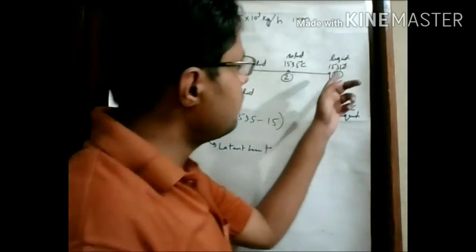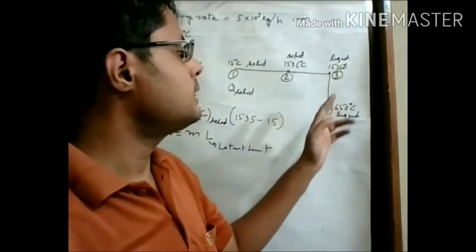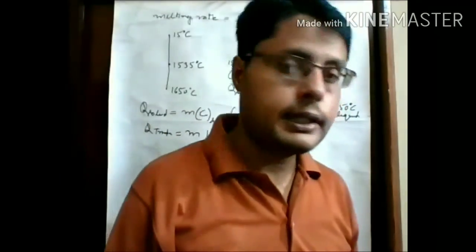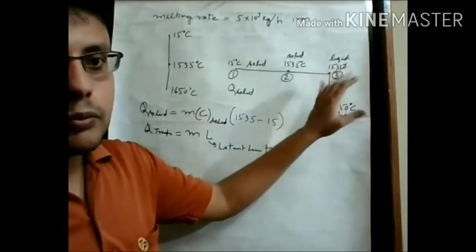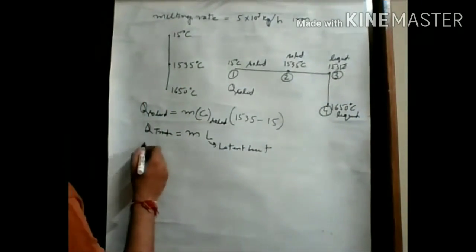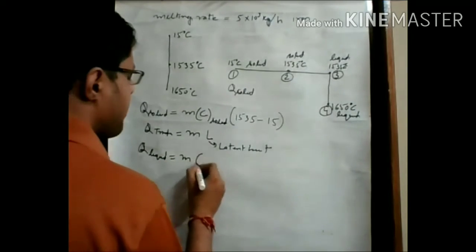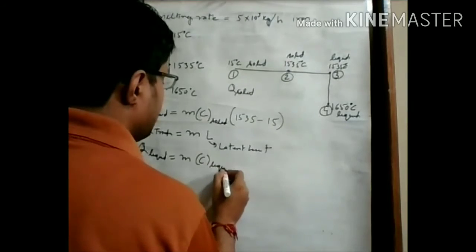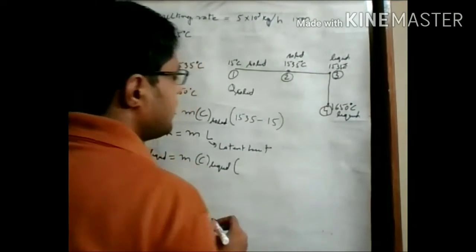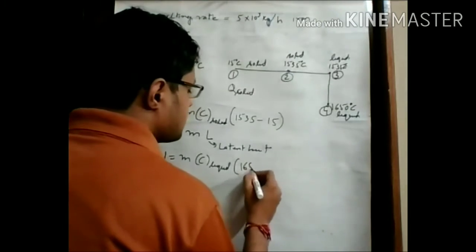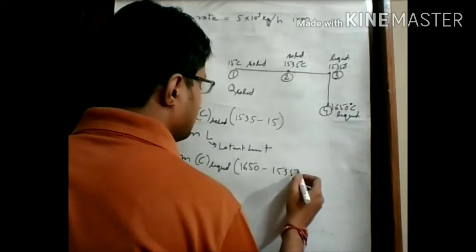Now again, we want to heat up this iron from 1535 degrees centigrade to 1650 degrees centigrade, and this whole process is happening in a liquid state. So we again use Q liquid, that is equal to m c liquid, the specific heat of iron in the liquid state, multiplied by delta T, that is 1650 minus 1535 degrees centigrade.